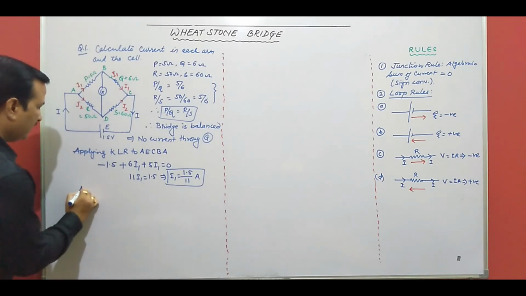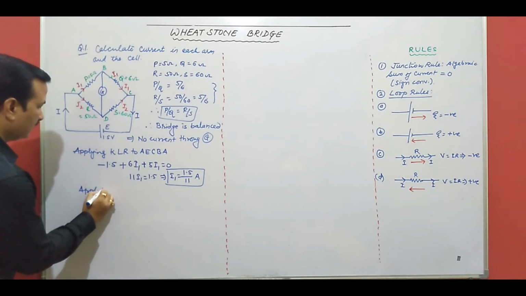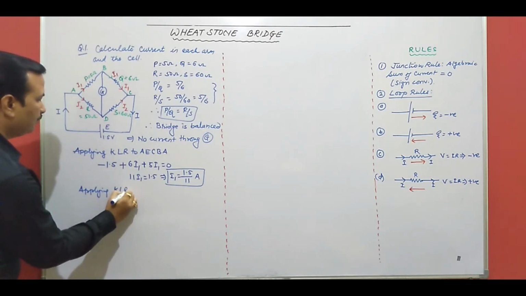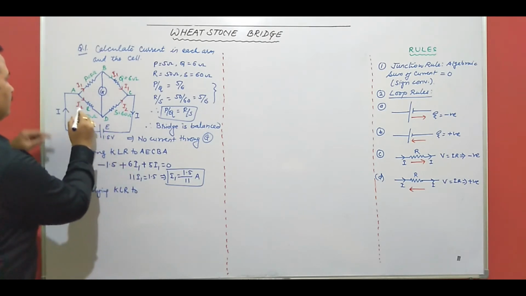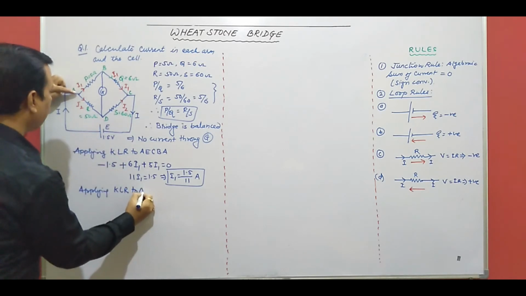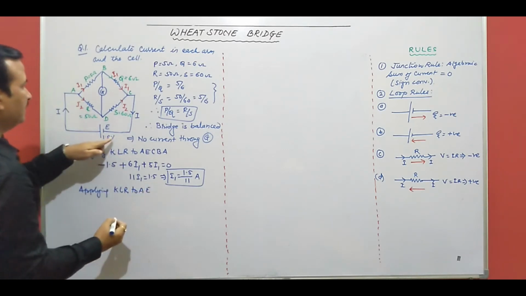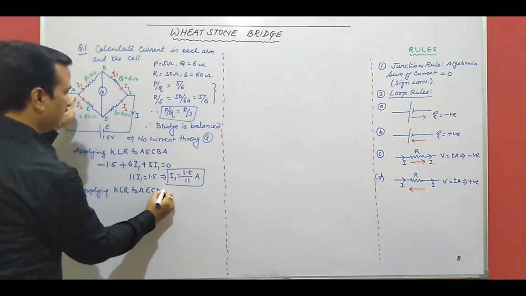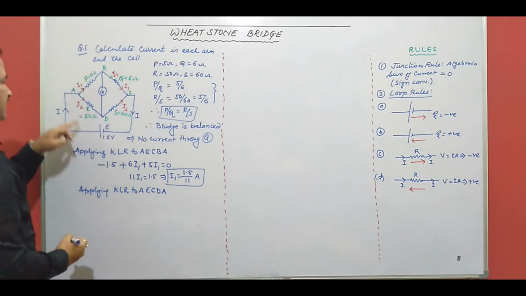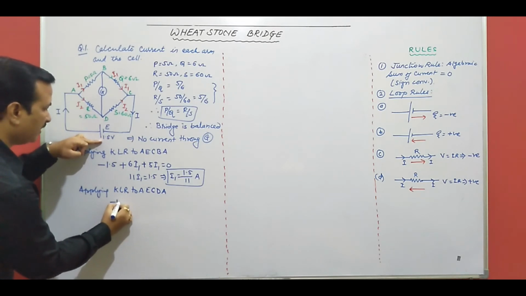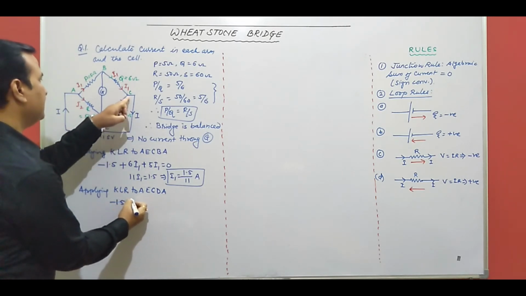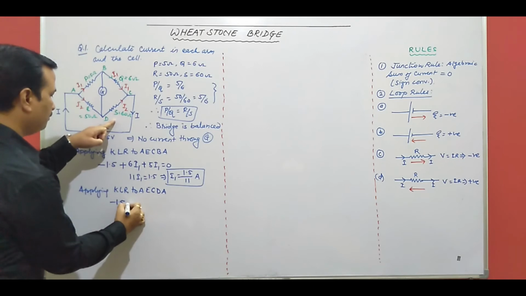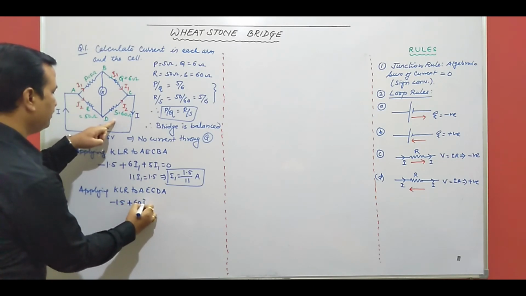Now applying Kirchhoff's loop rule to, now we start with A, E, C, we'll go to D, then again A. Let's see, again this will be minus 1.5. We are reaching here opposite to I2, so plus 60 I2.